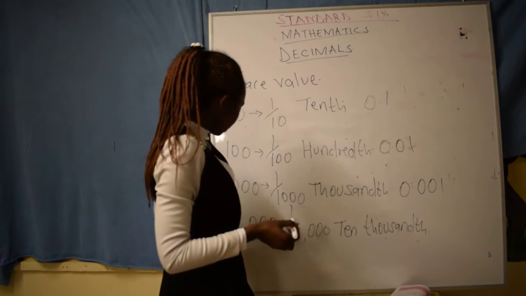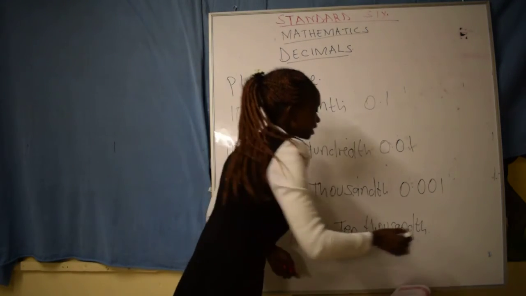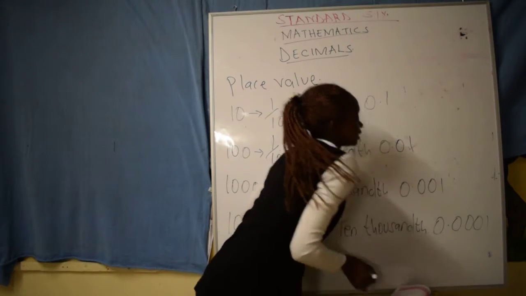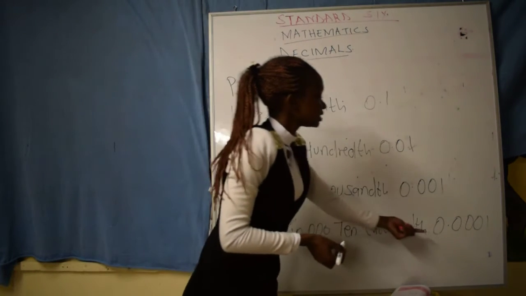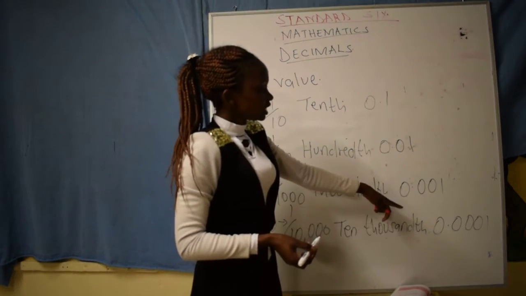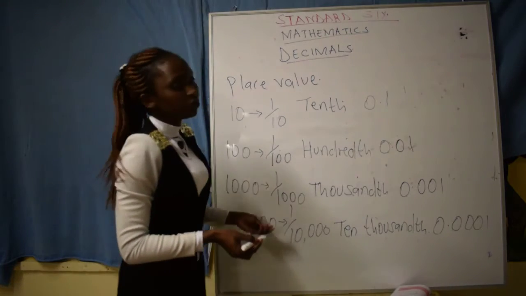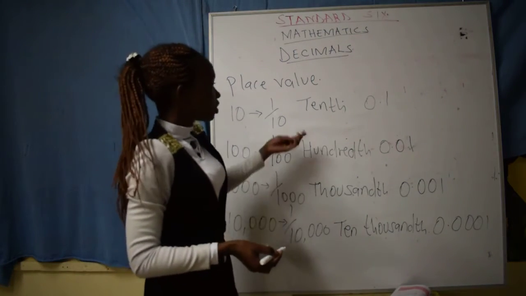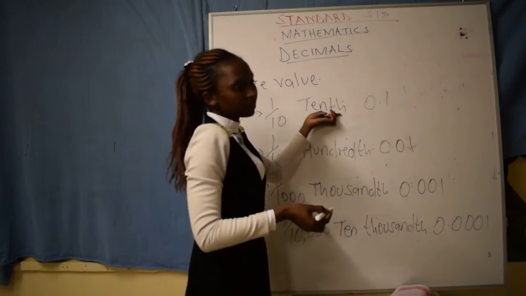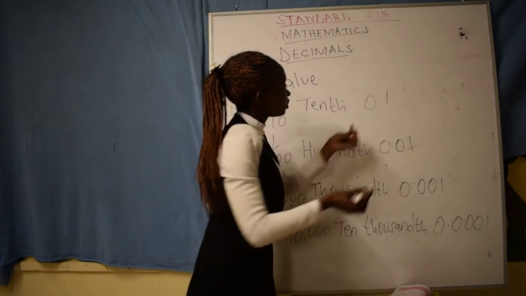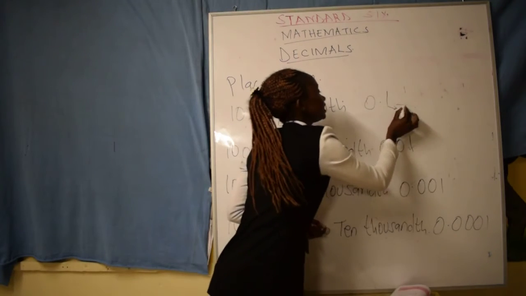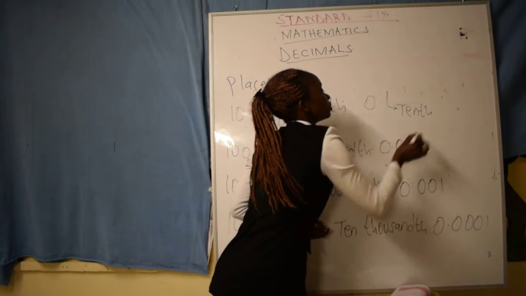And then a ten-thousandth is written as 0.0001. It has 4 decimal places. After the decimal point, we get 4 digits. Therefore, when we are finding the place value of a digit after the decimal point, the first digit on the right is in tenths position.